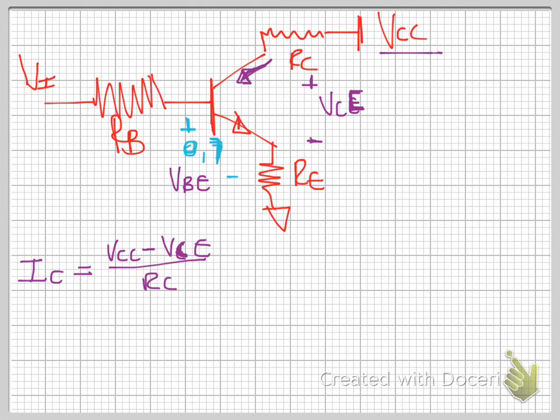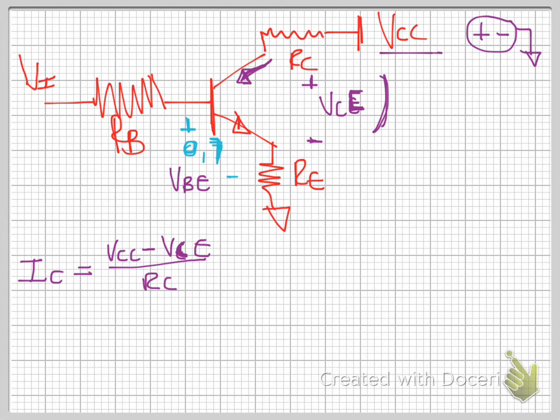The way you probably know V of CC will be like plus minus with an earth. That's what V of CC is, it's your power. And minus V of CE, the voltage difference here, divided by R of C, the collector resistor.